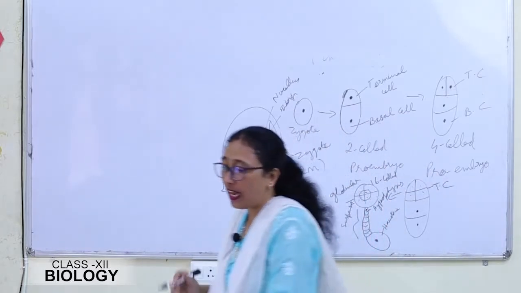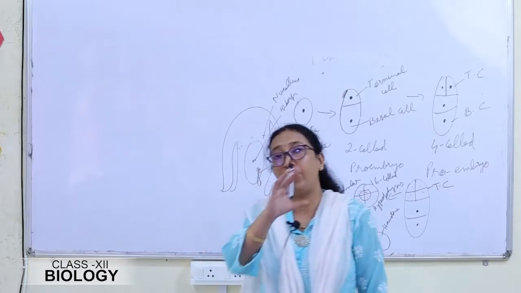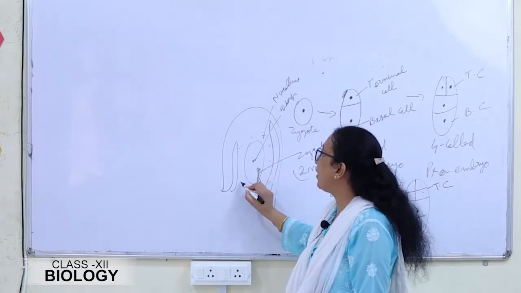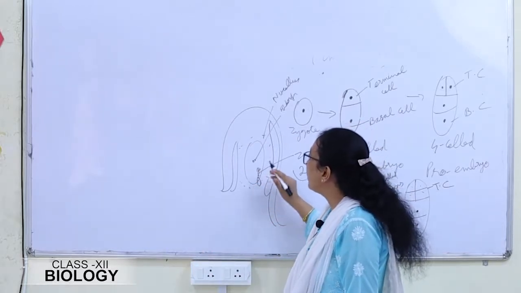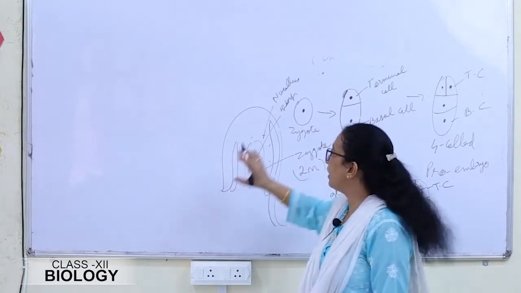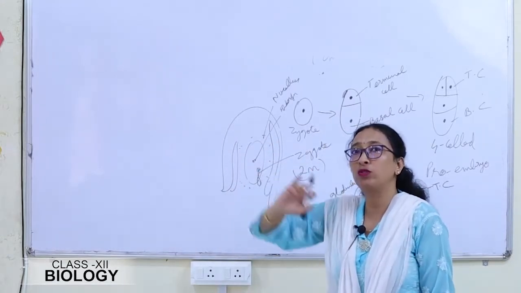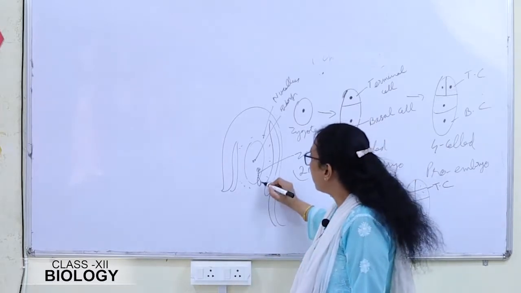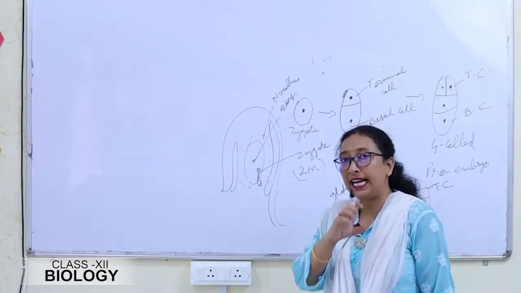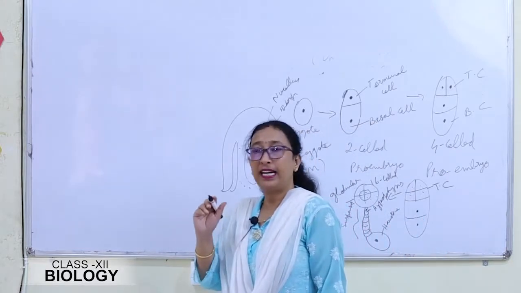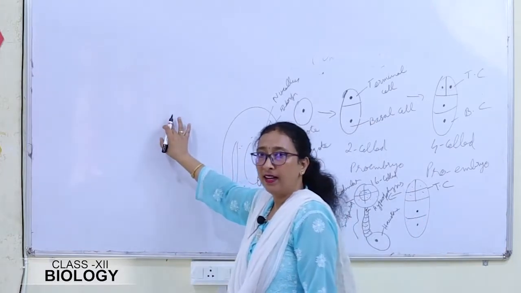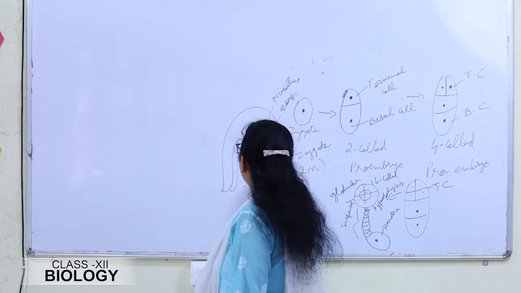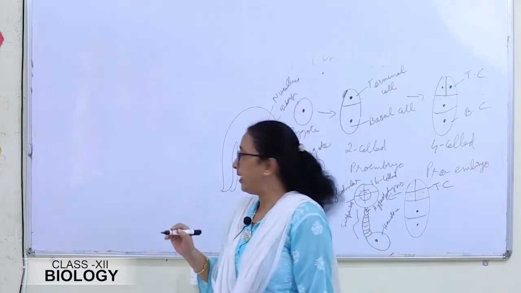The function of the haustoria is that it will develop more nutritive tissue from the adjoining areas of the nucellus. The suspensor is pushing the embryo towards the endosperm to take nutrition. Other than that, if more nutrition is required, it is the haustoria which collects nutrition from the adjoining cells.